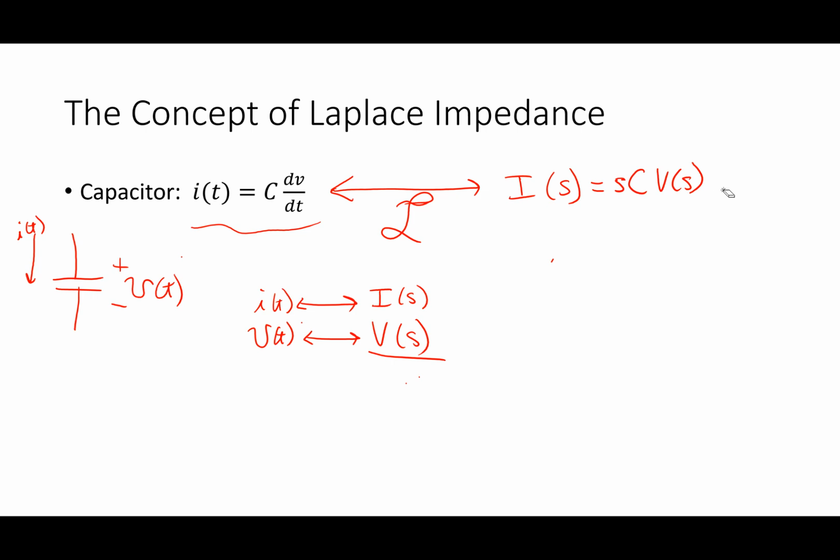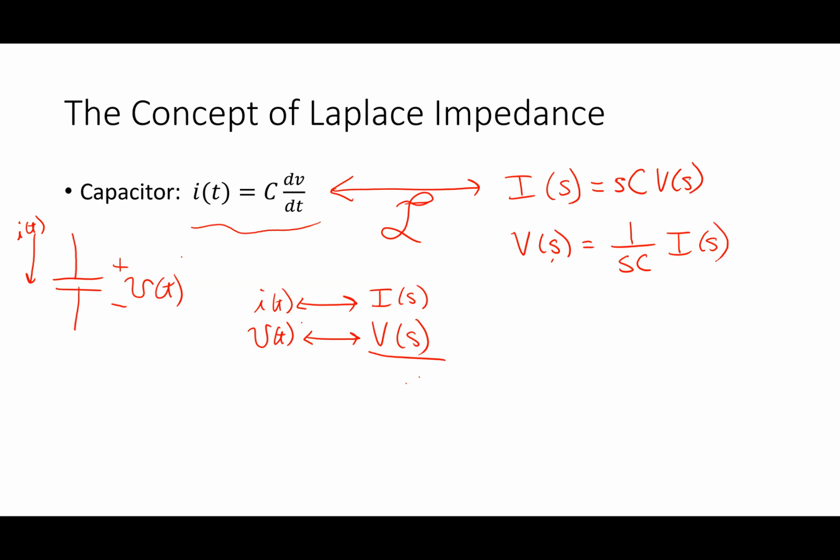What this gives us is effectively an impedance result, very similar to what we had when we looked at the impedance for a circuit. What I have here is V of S is equal to, if I bring that to the other side, 1 over SC times I of S. This is an Ohm's law-like relationship.